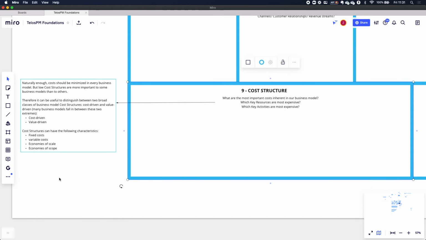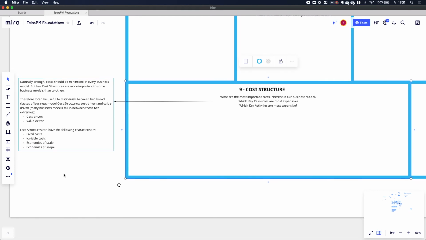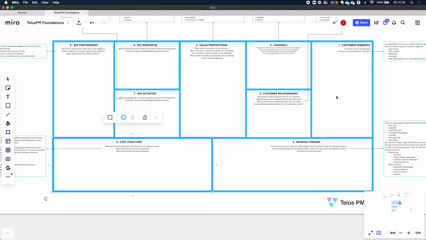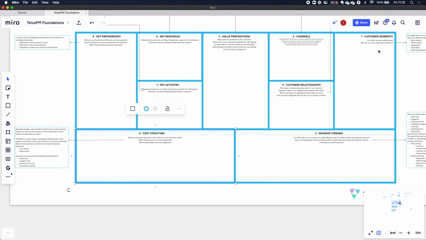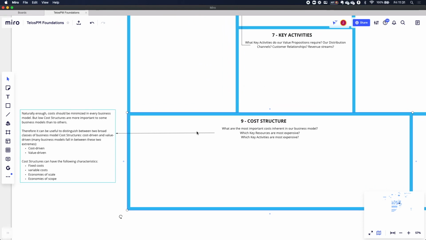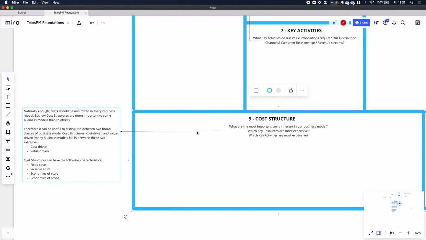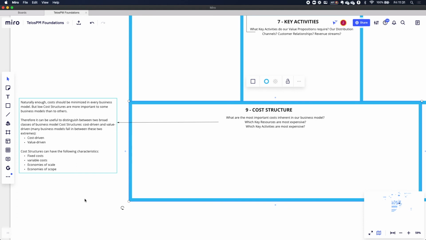Economies of scope is kind of similar, but economies of scope might be that you onboard an initial customer segment. That segment is a niche, but once you nail that niche and you've got enough referrals going on, you can easily turn on the rest of the mass market. So that would be your economies of scope.